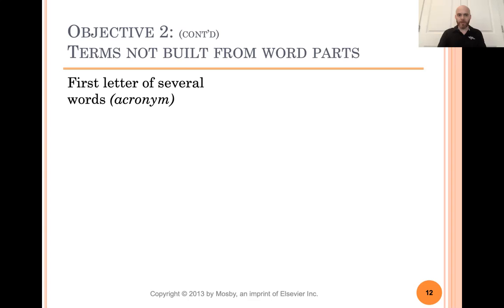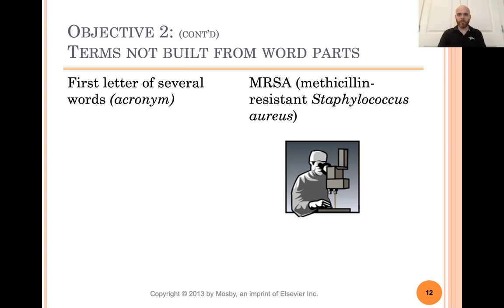Sometimes you can have acronyms that are not built from Greek or Latin, where maybe a very long scientific name, and we take the first letters of each of those words. Take the example of MRSA, which many of you may pronounce "mersa." This is an infection that's usually caught in hospitals.